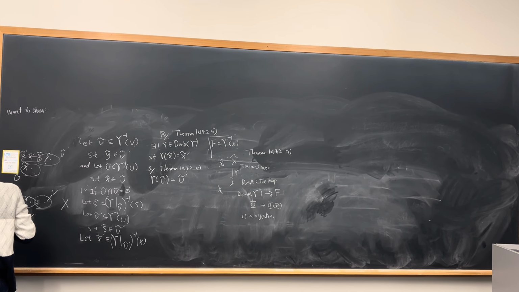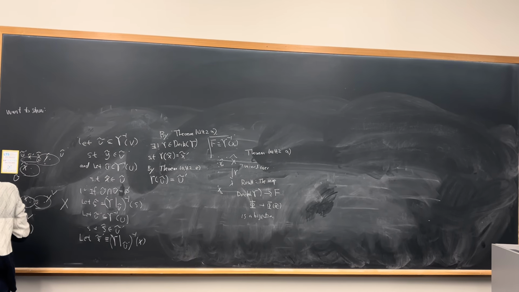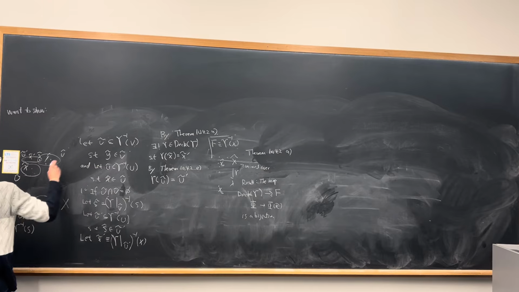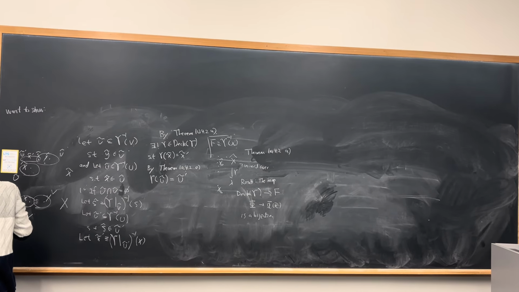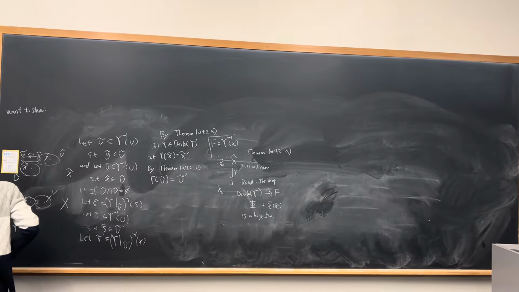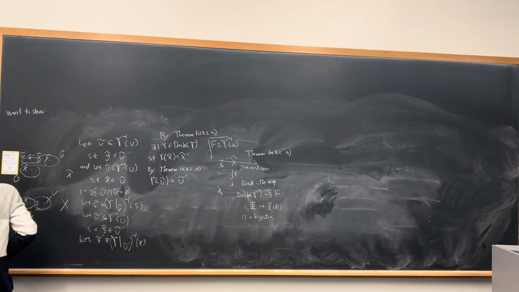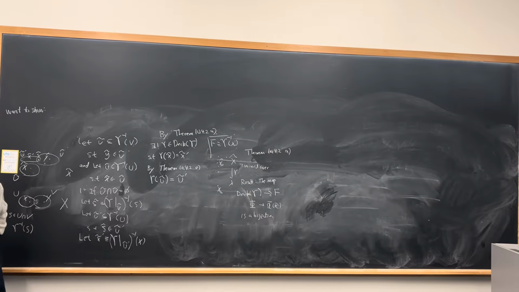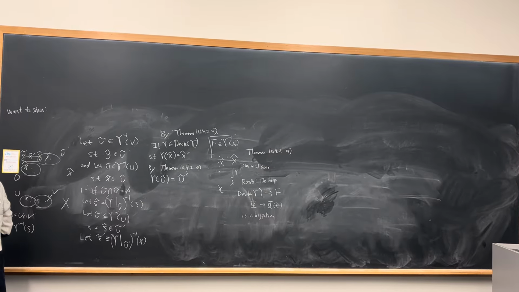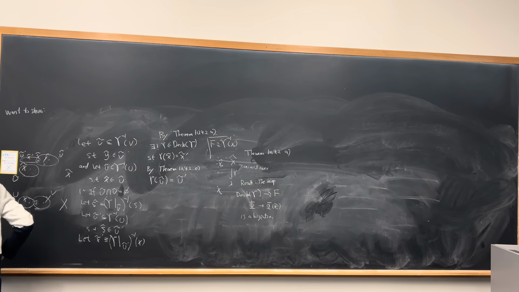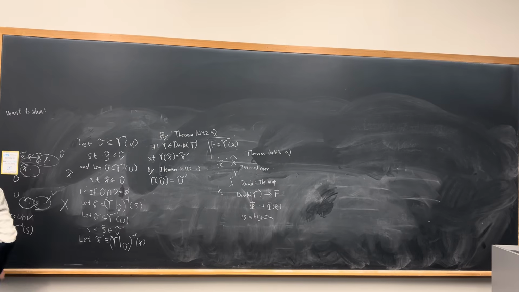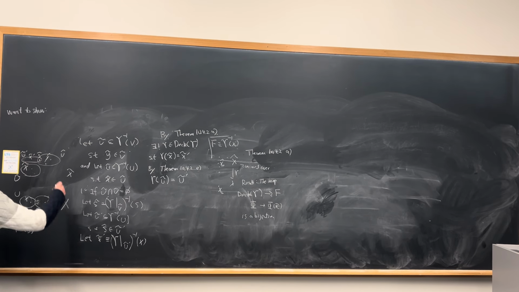And by the previous lemma, this is equivalent to: for each pair of points x, y in this X tilde, there is a neighborhood U of x and V of y such that gamma of U intersect V is non-empty for only finitely many gamma in Gamma. Okay, so we want to show that.